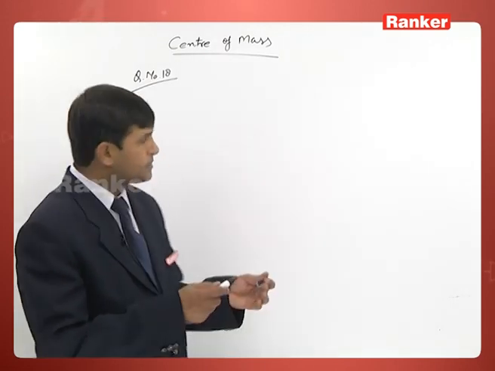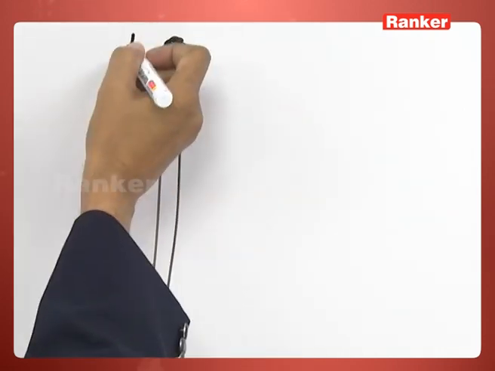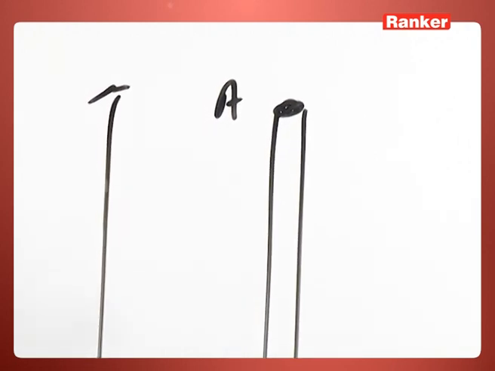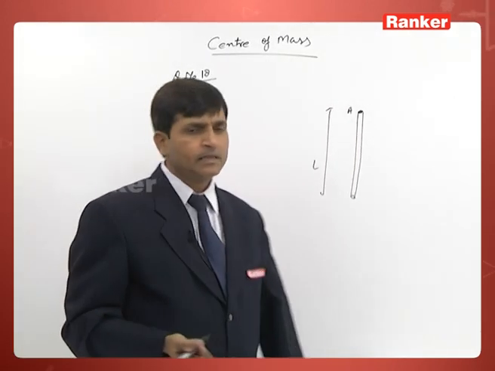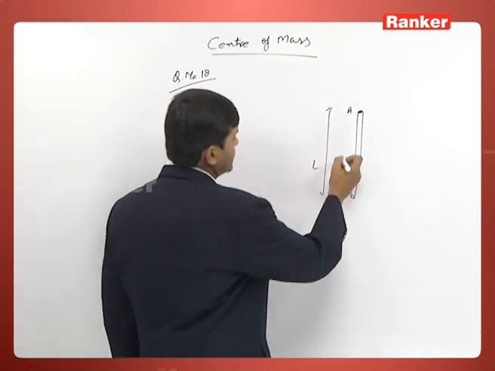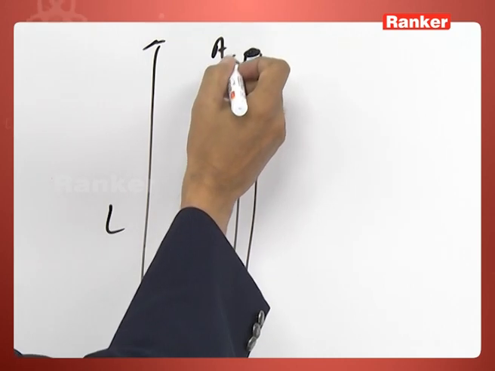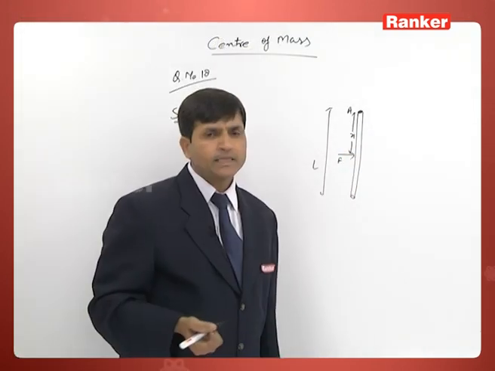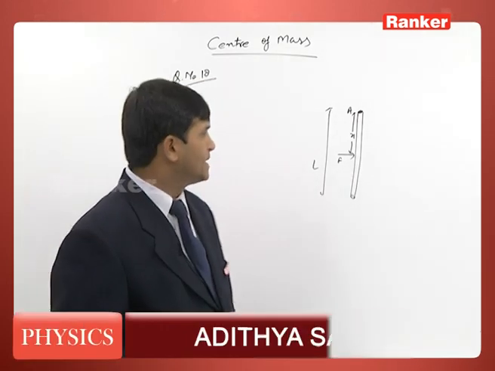So, now see the solution of this. It is given a rod, and this rod is hinged at point A, and the length of the rod is given as L, and the force F is acting at distance x. Then they are asking how the acceleration of the center of mass of the body is changing.